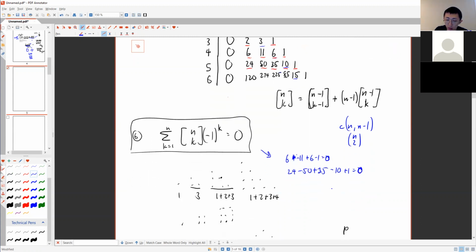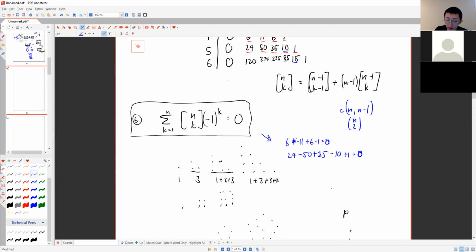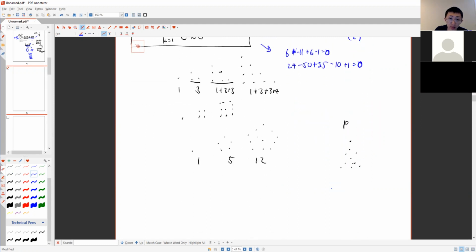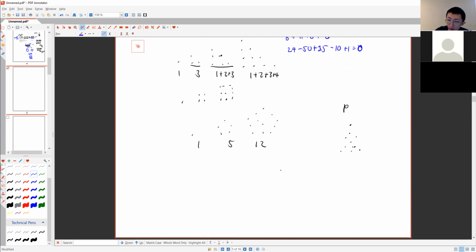So, I guess one way we can see this is, let's see where 2 has to be, right? So you have a permutation of 1 through n.